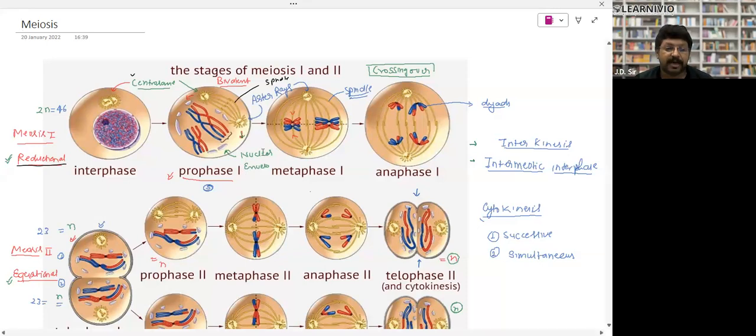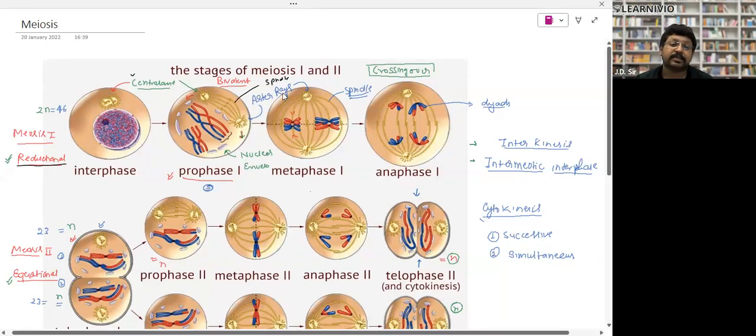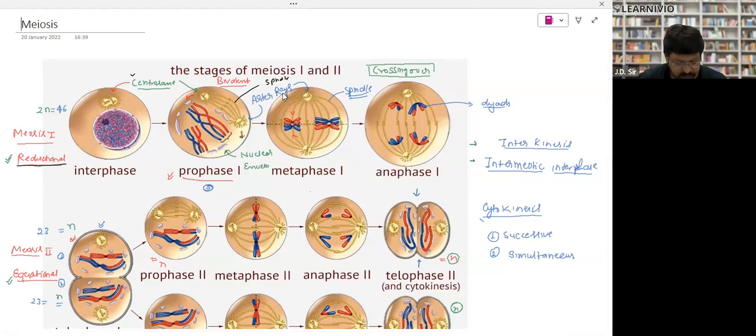Now, under the subheading meiosis first, there is subheading A: prophase first.